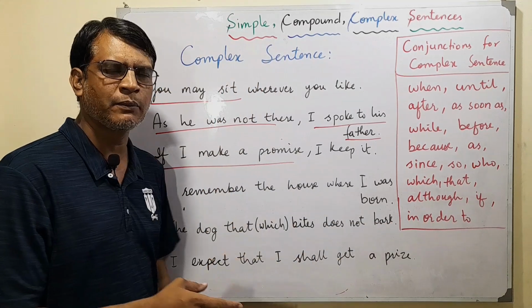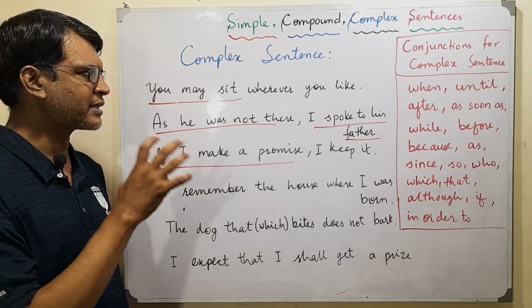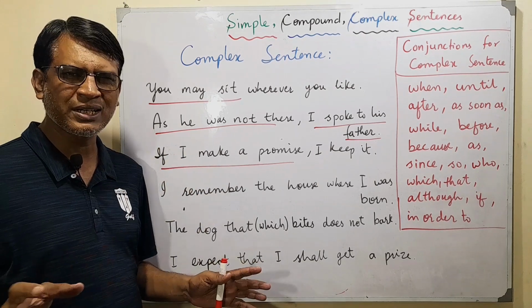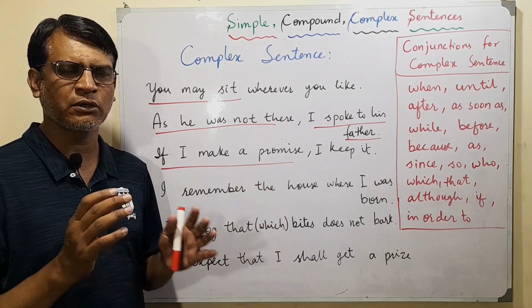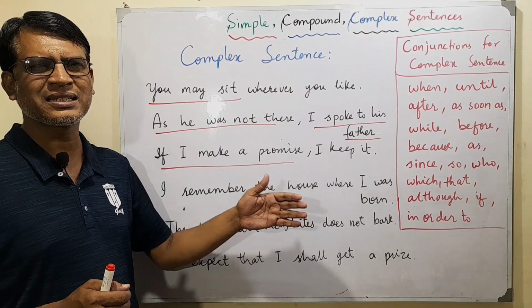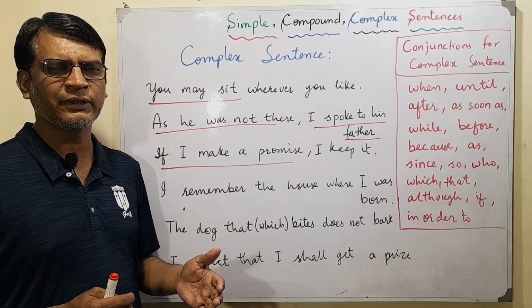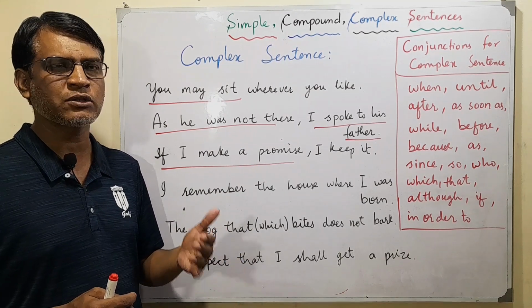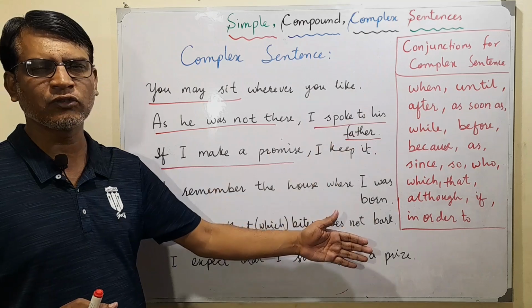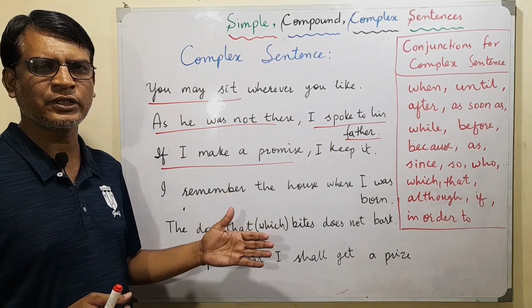These are the most common conjunctions which you can look for in a sentence. If you are not sure about a sentence, whether it is a compound sentence or a complex sentence, just remember these connectors. They will help you very quickly understand whether it is a compound sentence or a complex sentence. If you find one of these in a sentence like this, that is actually a complex sentence.